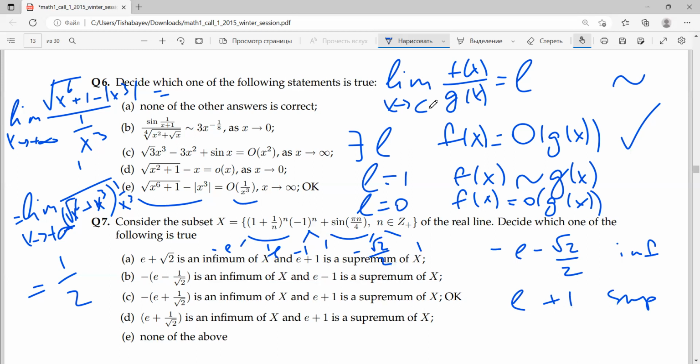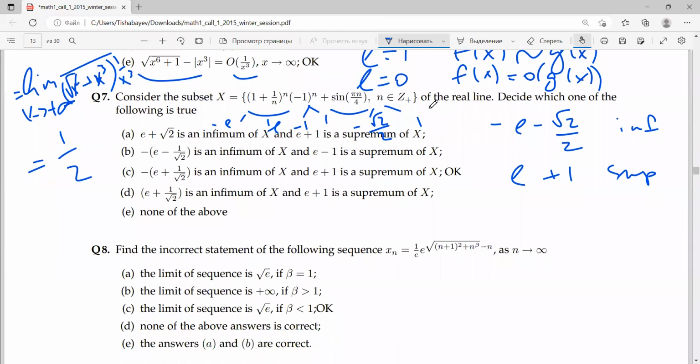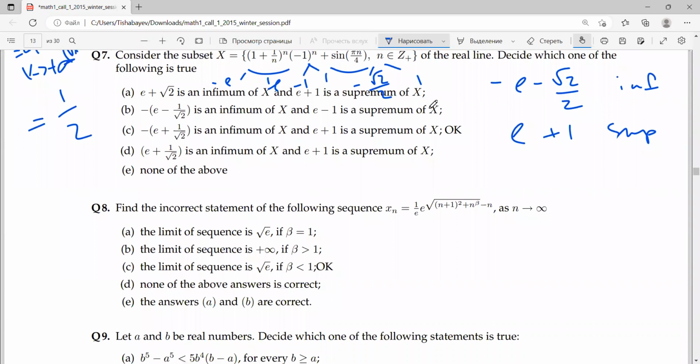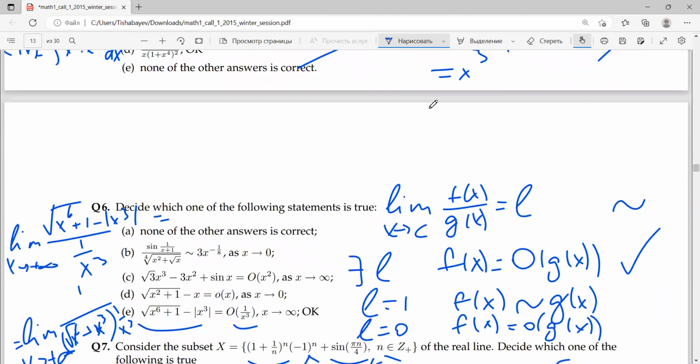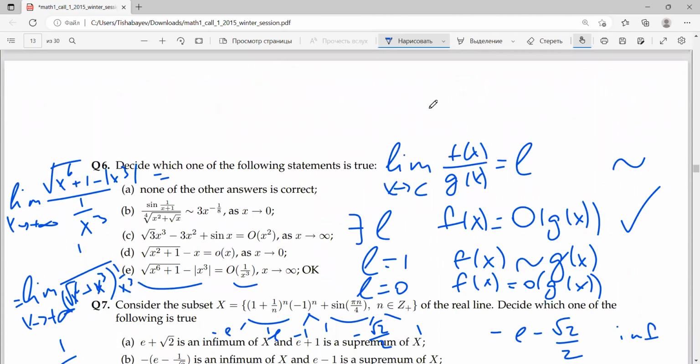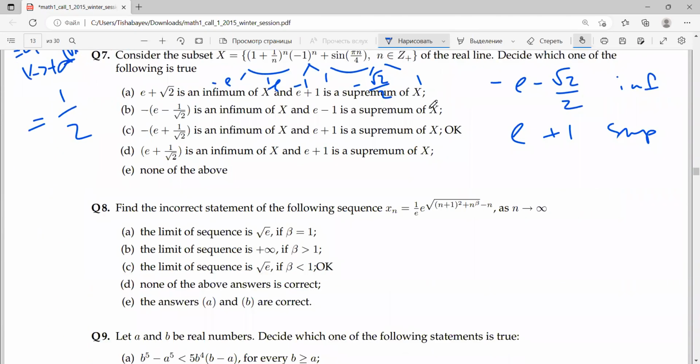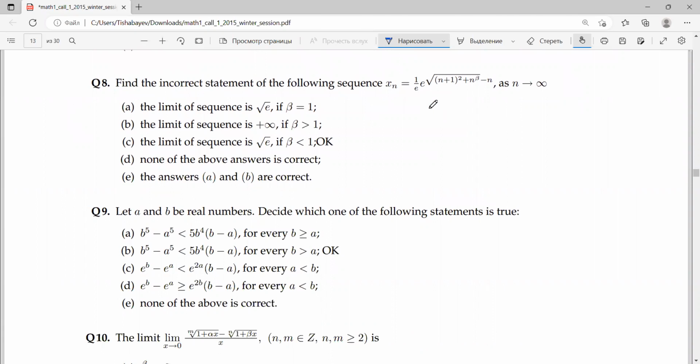Yes. Okay. So next now, find the incorrect statement of the following sequence. I will send this file also to the group with these notations. So find the incorrect statement of the following sequence. Here we need to find the limit of the sequence, okay? It's given x_n, a sequence.